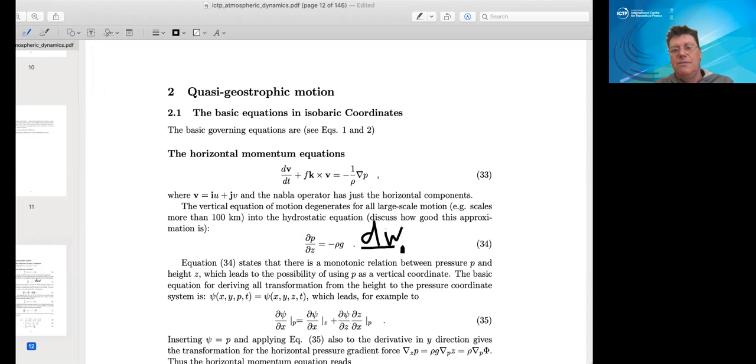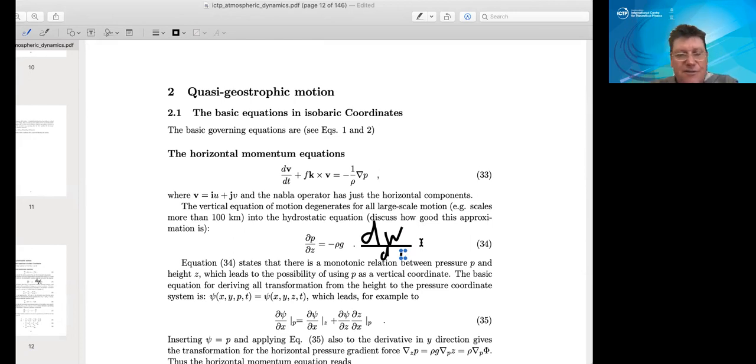dw by dt, anyway. So that's a vertical acceleration of the parcel.